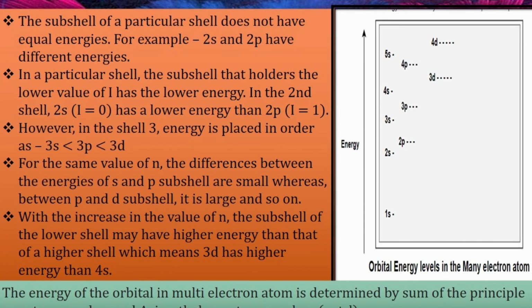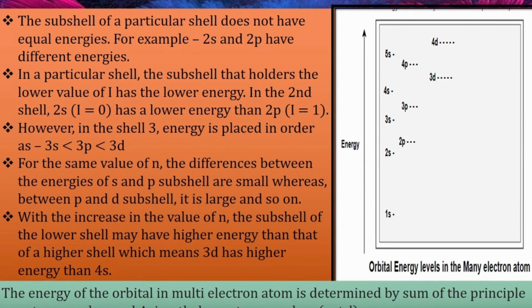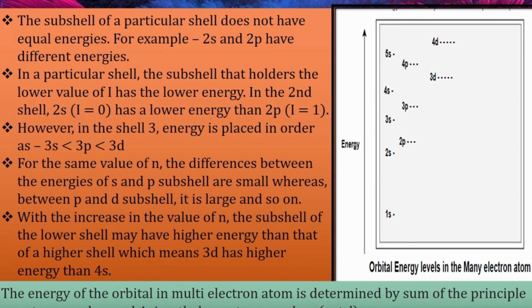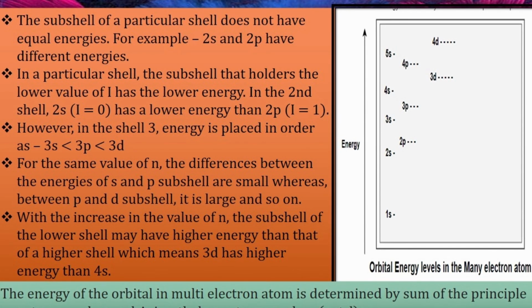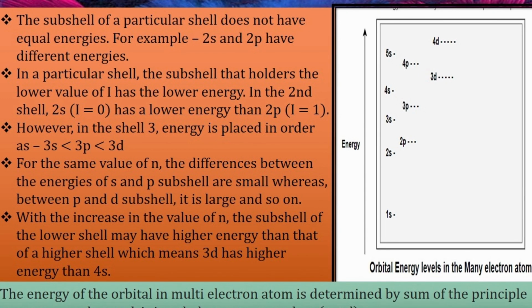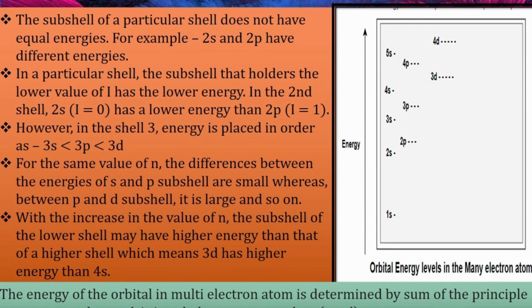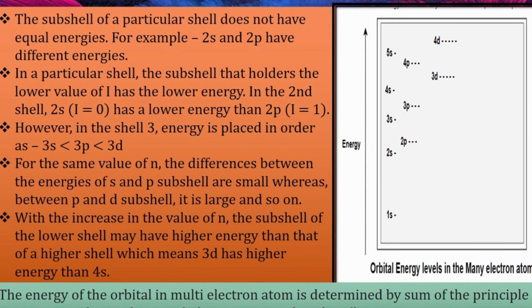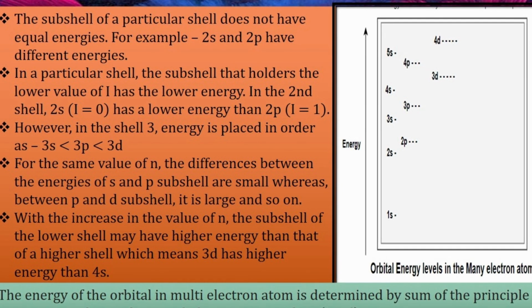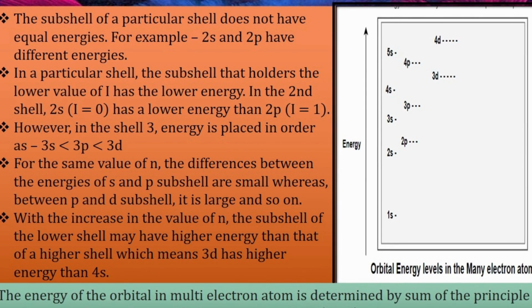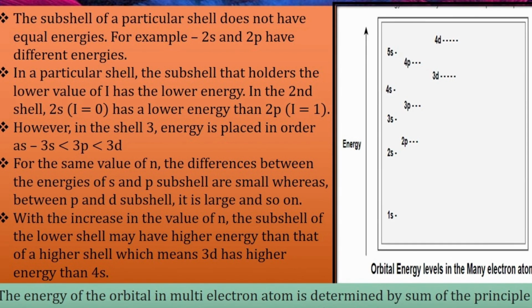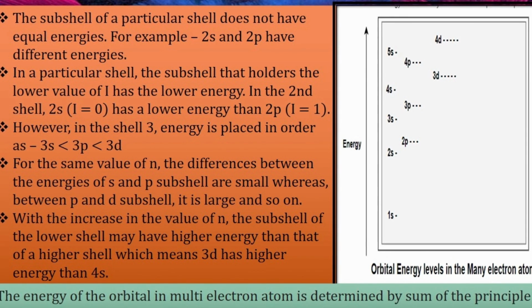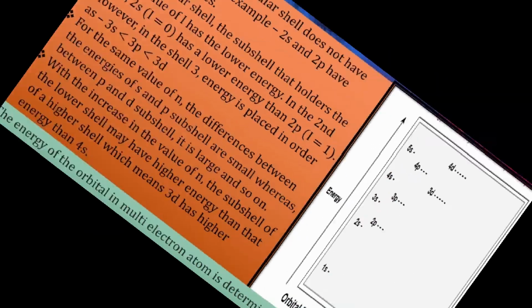In some cases, the sublevel of a higher energy shell falls below the sublevel of a lower energy shell. For example, the energy of the 4s orbital is less than that of the 3d orbital. Similarly, the 5s orbital is lower in energy than the 4d orbital.